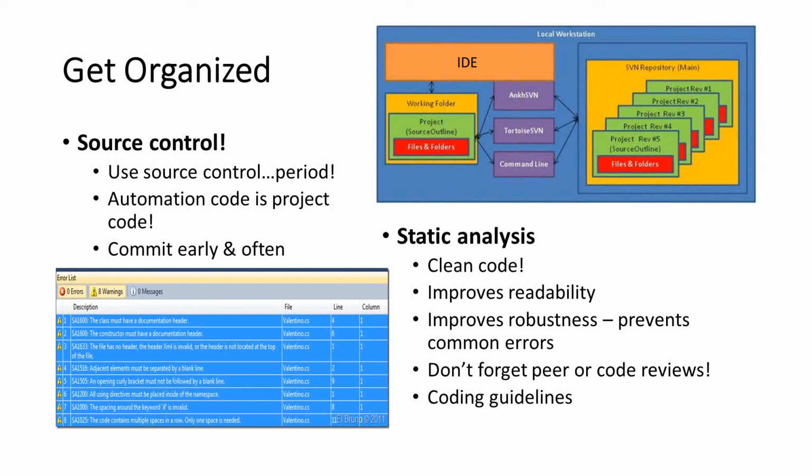One of the things that we instill upon new testers at Microsoft is that before you check in your code to the branch, it has to be submitted to a peer review. At least 2 other testers have to look at it and give you feedback.